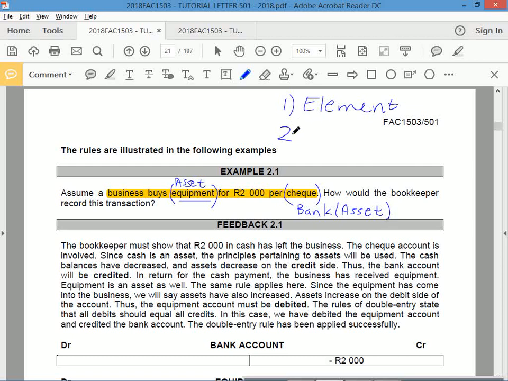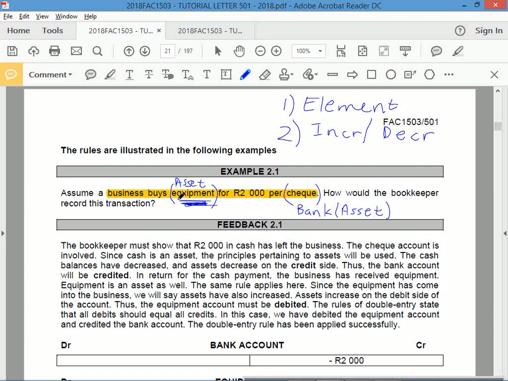Step number 2 is there an increase or is there a decrease? Okay, so what is happening to your asset if I'm looking at equipment? What is happening to equipment, guys? Okay, so what does it say? The business buys equipment. What is going to happen to your equipment?